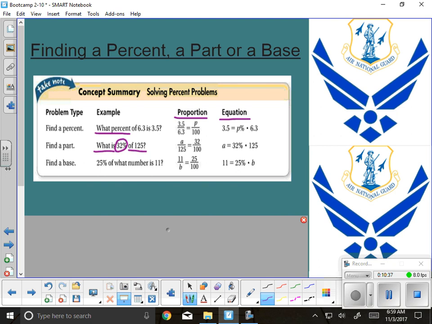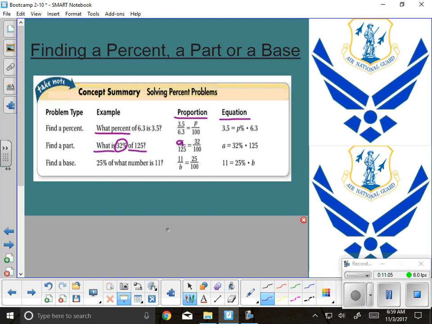We don't know what the is is, so they just put the variable A over of, which we know is 125, and then they set it equal to 32 over 100. Since we know what the percent is, we put 32 over 100, because if you were to divide it out, you'd get 0.32, which is 32%. And again, they put that right in the equation: we're trying to find the part, which is A, and they set it equal to 32% times 125.